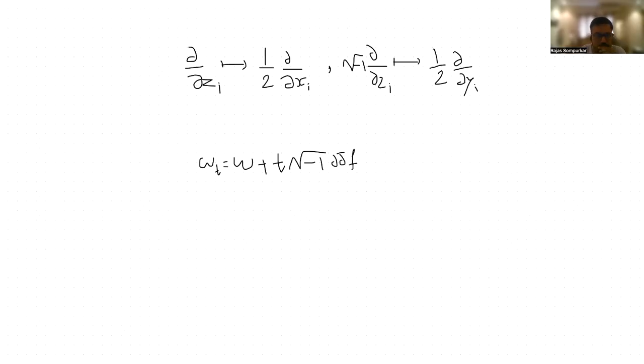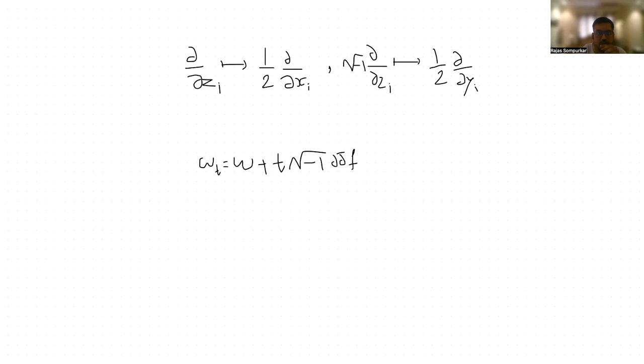So this is how the variation in a fixed Kähler class is given. Like we saw by the del bar lemma, any two Kähler forms which belong to the same de Rham cohomology class, the difference has to be equal to square root of minus one del del bar of some globally defined smooth function f.